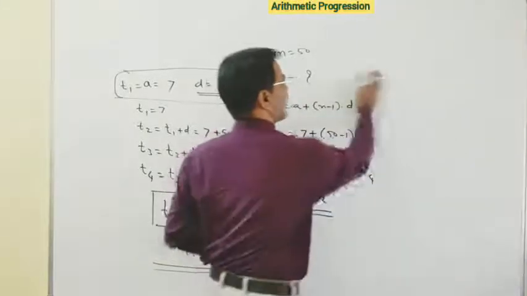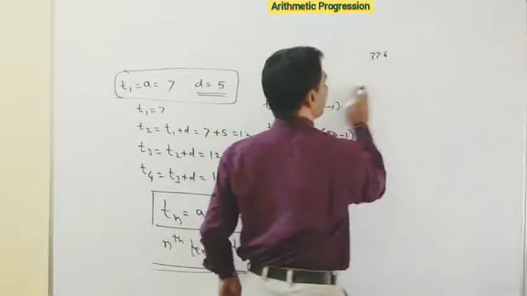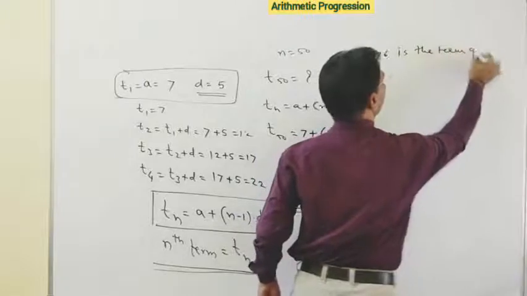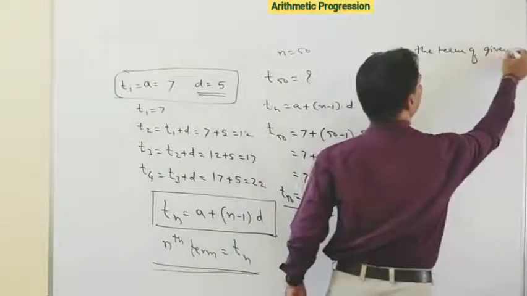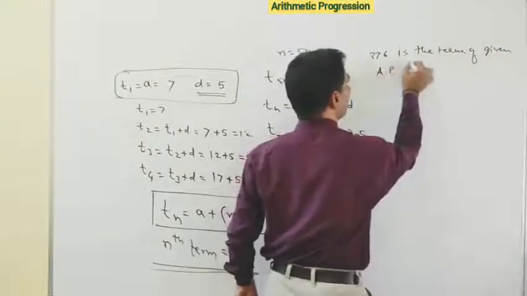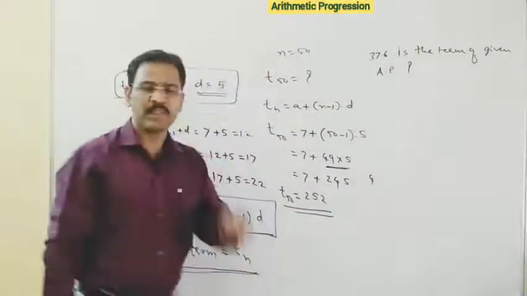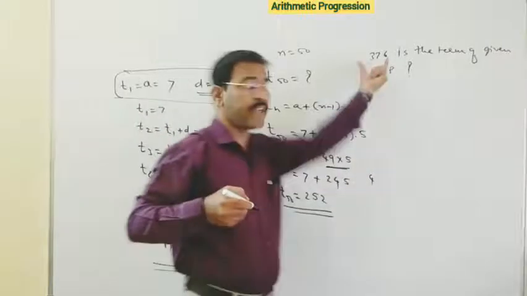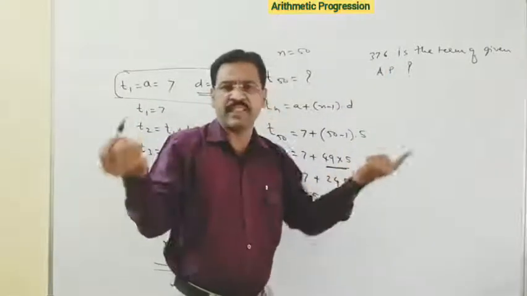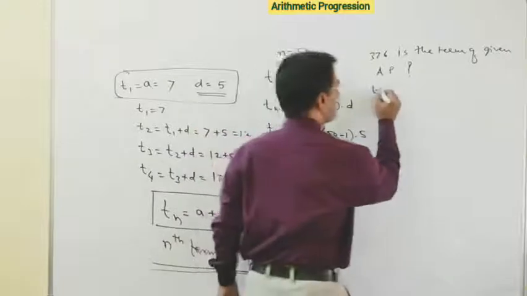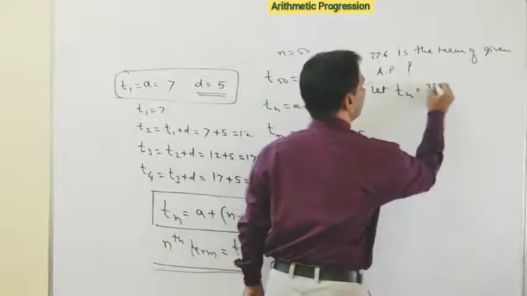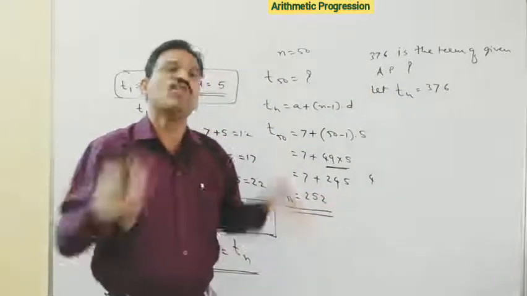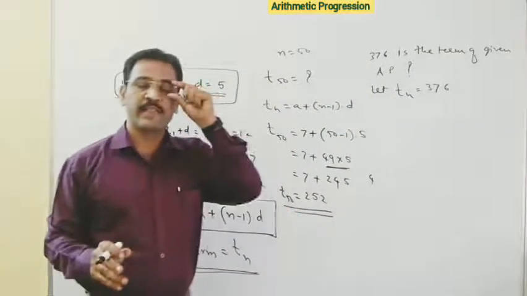We are going to check whether 376 is a term of the given AP. That means we are going to check whether in that particular progression this 376 is there. Let's check. Suppose Tn, the term which we don't know, so that Tn is equal to 376.